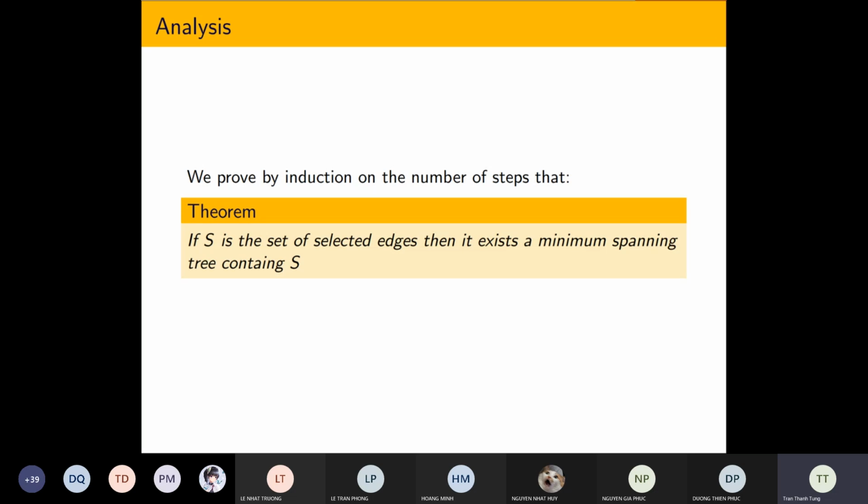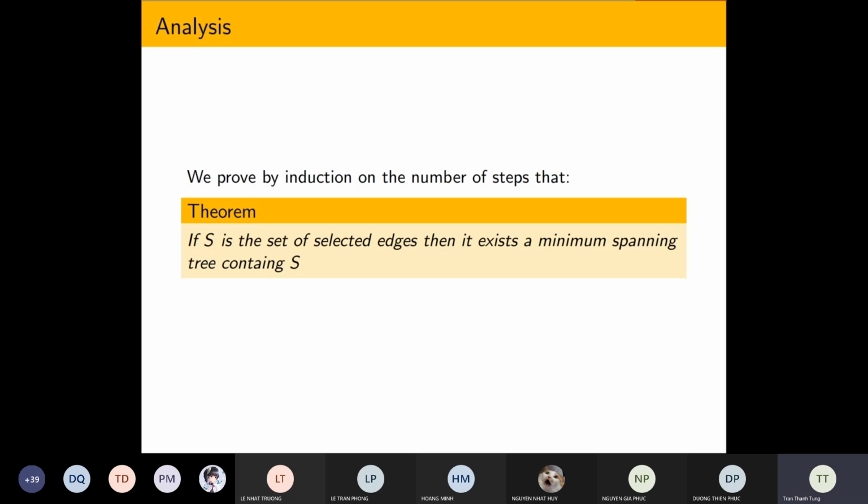We are reaching step number n, and at that step, all the edges in S are valid and are parts of the spanning tree.